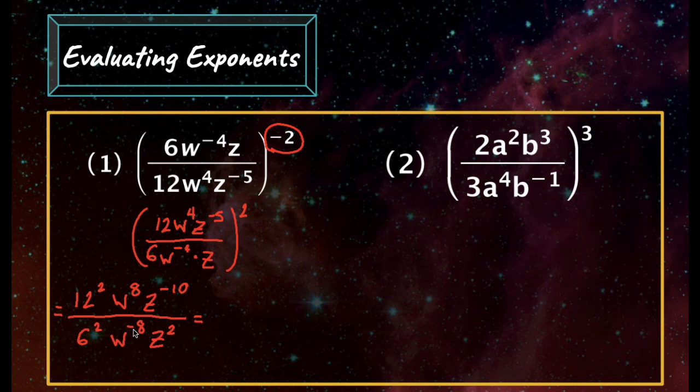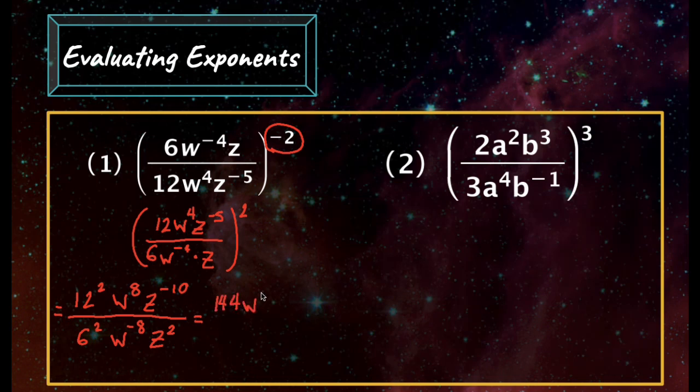Next, we need to simplify by adjusting the negative exponents. We're going to move the w to the power of negative 8 on the bottom to the top, and we're going to move the z to the power of negative 10 to the bottom. 12 squared is 144.